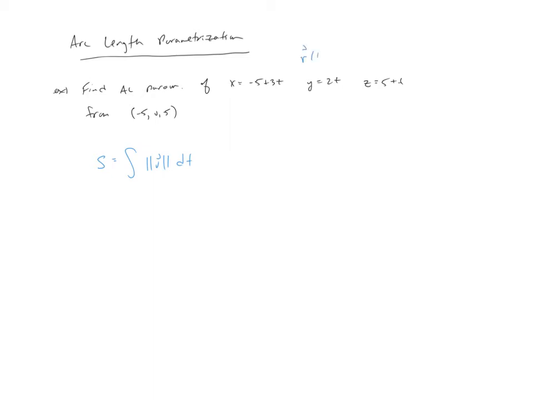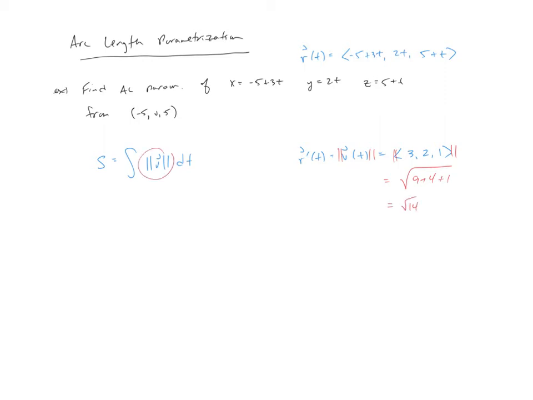Our vector here, r(t), can easily be written as (-5 + 3t, 2t, 5 + t), which means that the derivative of that, being our velocity vector, is going to be nothing more than (3, 2, 1). So when we take now the magnitude of the velocity vector, that's going to be the square root of 9 + 4 + 1, which is just the square root of 14.